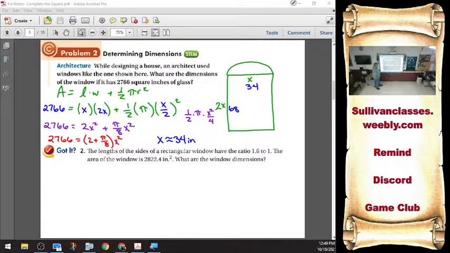So, how do I set up ratio of sides? Like, what do you think? Like, if I say the ratio of guys to girls in the gym at the homecoming dance was about 2 to 5.